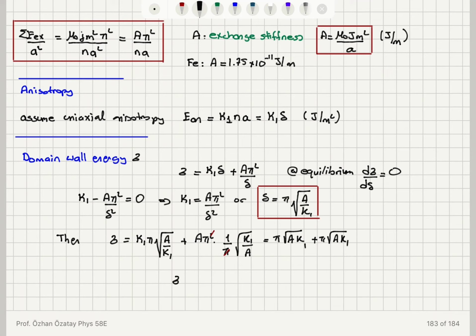So the domain wall energy will be equal to 2 pi square root AK1. So this is my domain wall energy.